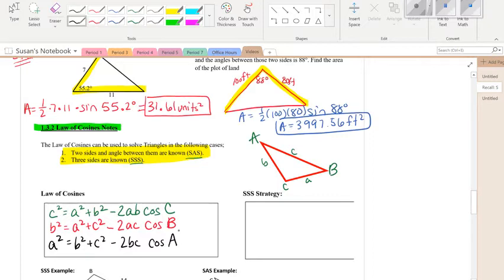So those are our formulas. They're really all just the same. It's just depending on what side you're solving for and what angle. So there is a side strategy.